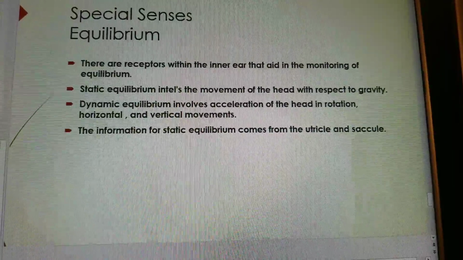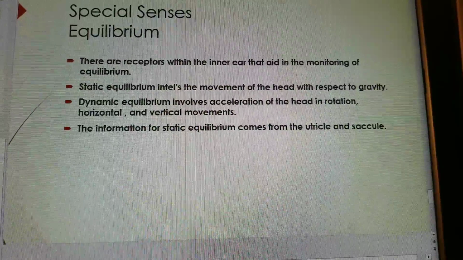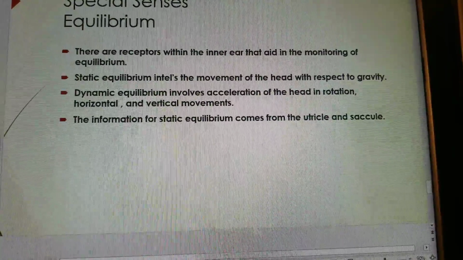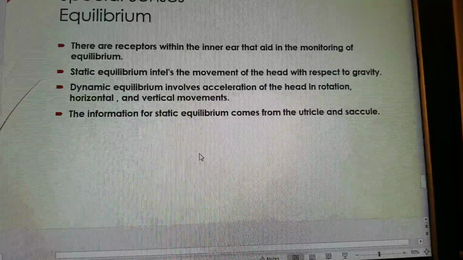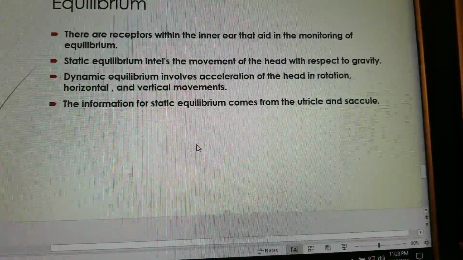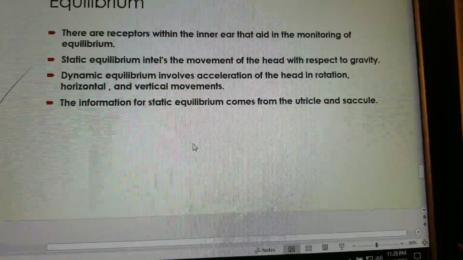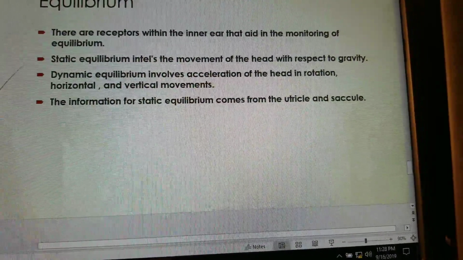Static equilibrium entails the movement of the head with respect to gravity. Dynamic equilibrium involves acceleration of the head in rotation, horizontal and vertical movements. The information for static equilibrium comes from the utricle and the saccule.